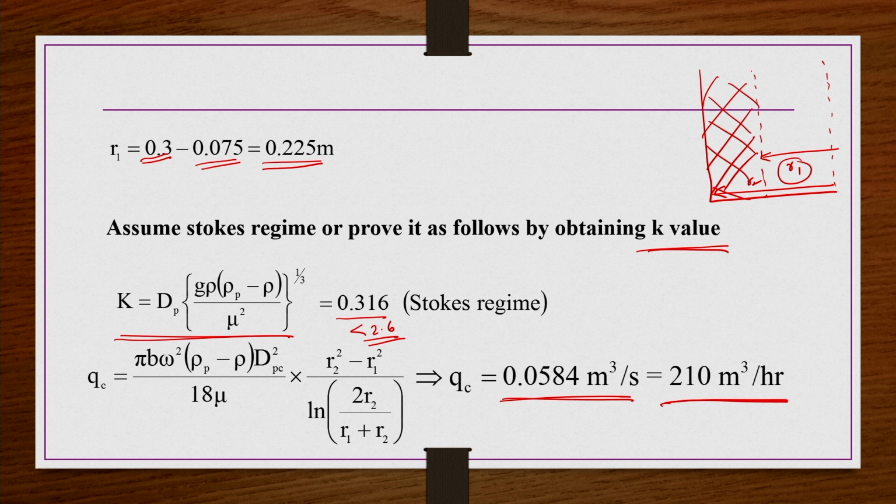The particles having size less than 30 microns would be retained in the liquid and go out along with the overflow liquid if you provide this flow rate. Whereas, all the particles having size greater than 30 microns will reach the bowl wall within the residence time of the liquid and be separated.